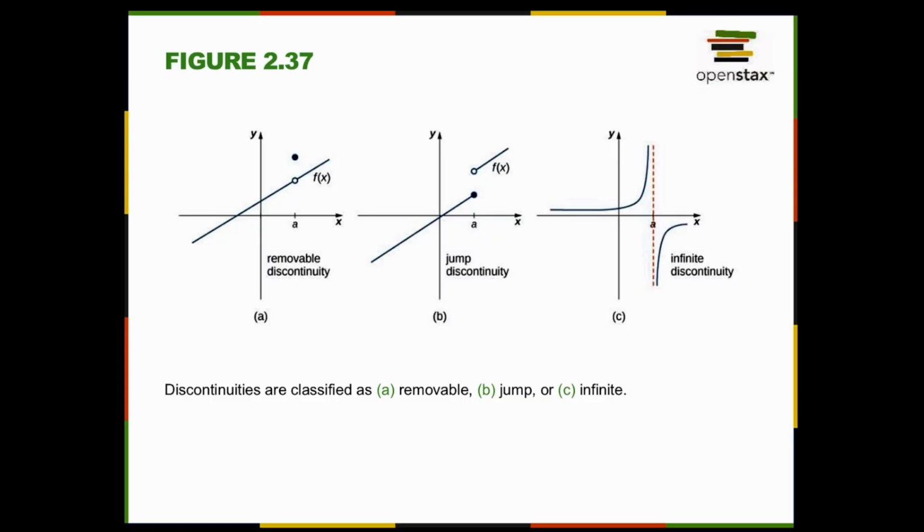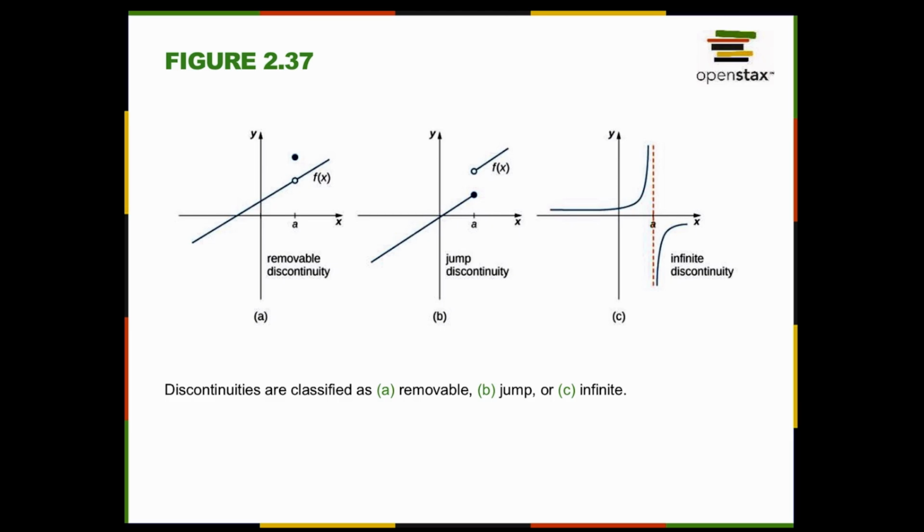So let's take a look at graph A. We're going to start with a removable discontinuity first. Now, a removable discontinuity occurs when there's a hole in the graph. The function gets really close to the same y value coming in from either direction, so the limit exists. But the function itself either has no value at x equals a, or the value of the function is assigned something different than what the limit is.